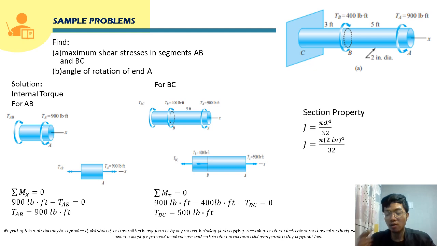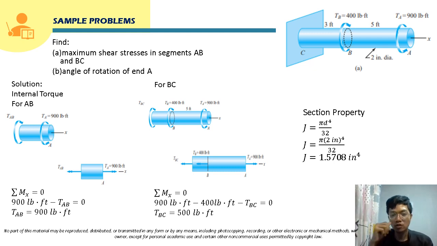So our polar moment of inertia will be pi times 2 to the 4th over 32. If you input that in your calculator, that will be 1/2 pi, or 1.5708 inches to the 4th. After we solve for the internal torque and the section property, or the polar moment of inertia, we can now solve for the shear stress.